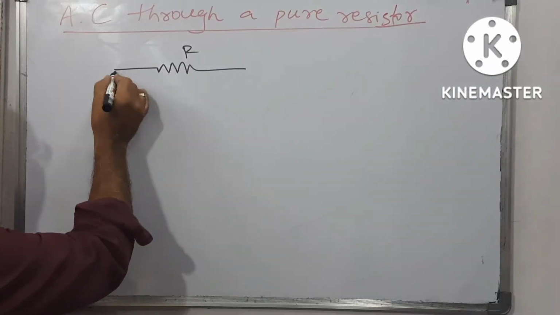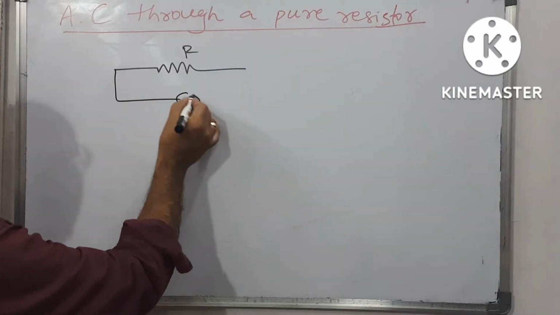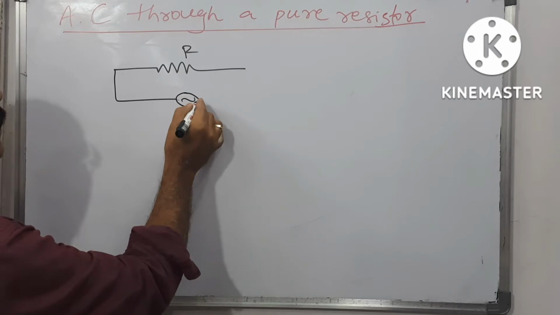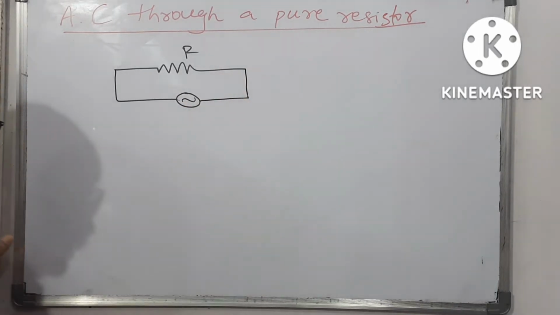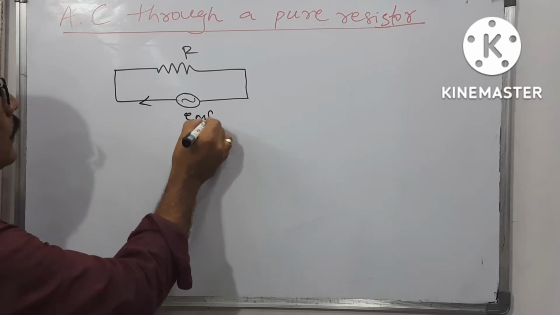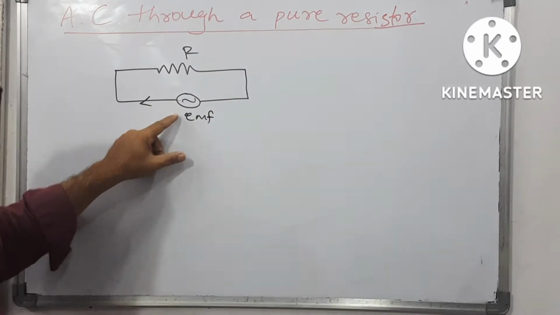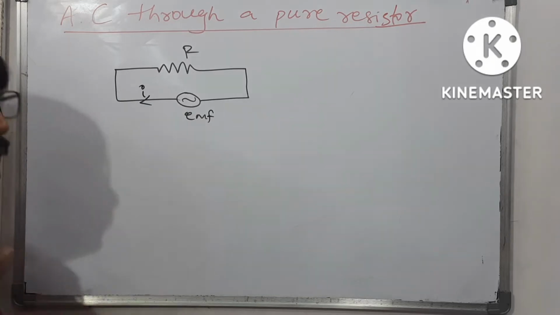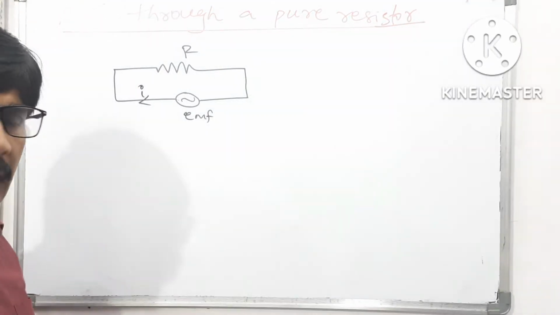When a pure resistor is connected to an AC source, you already know the symbol of the AC source is this. Because of the variable electromotive force, the variable current is also produced here. Clear?